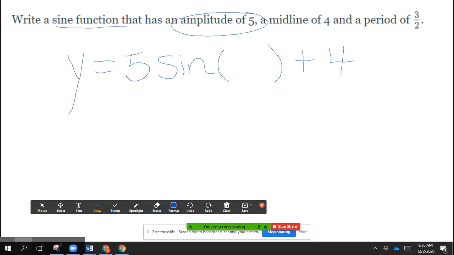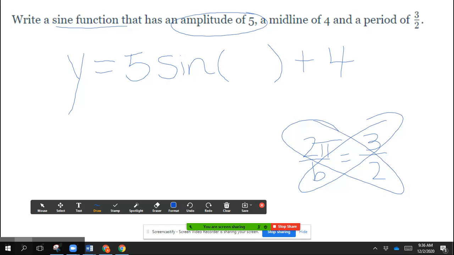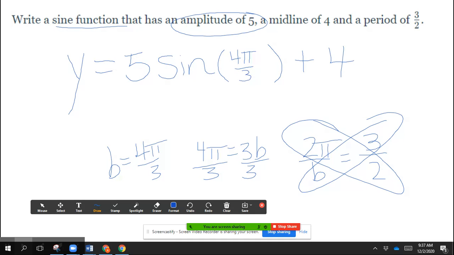Now I need to determine what my b value is using my period. 2 pi over b equals 3 over 2. Cross multiply to solve for b. 4 pi equals 3b. Divide by 3. So b equals 4 pi over 3. So I'm going to stick that in here, 4 pi over 3 x, because you always want your variable in there as well.